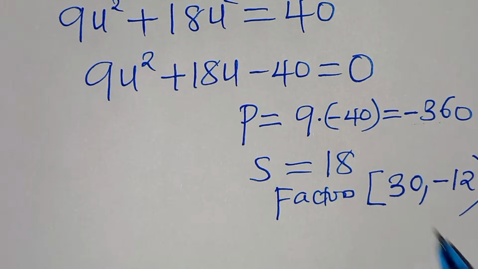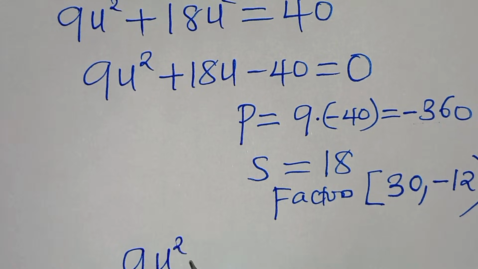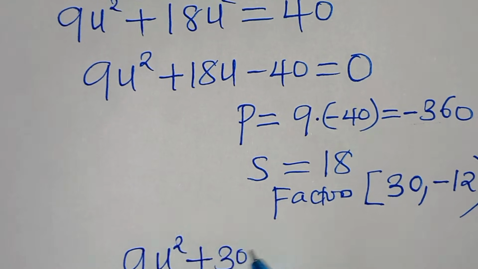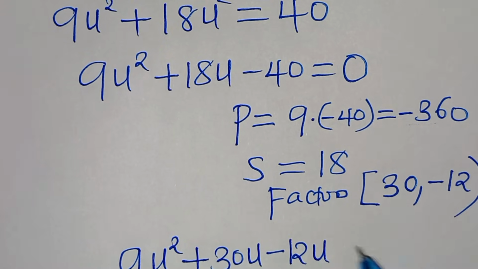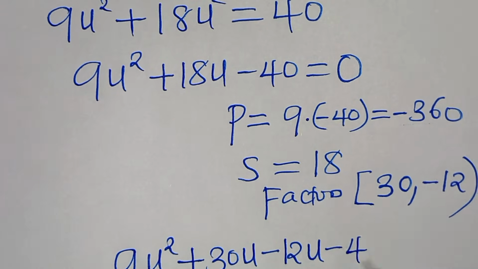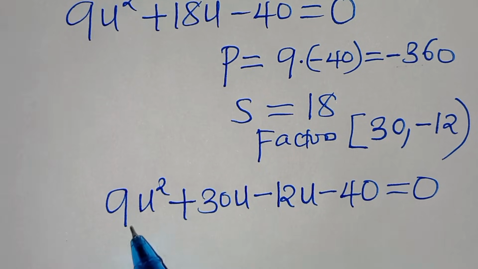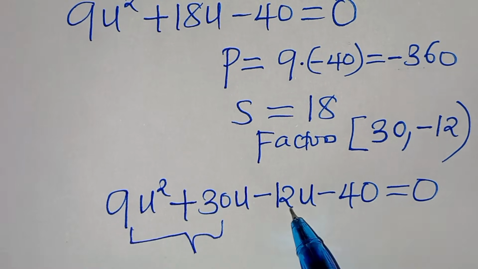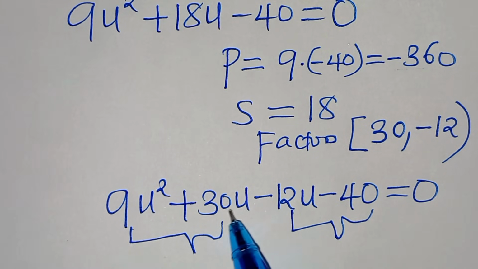So substituting this back to the equation, we have 9u squared, then plus 30u, subtract 12u, then minus 40. This is equal to 0. So we have two parts here. From the first part here, we have that 3u is common.